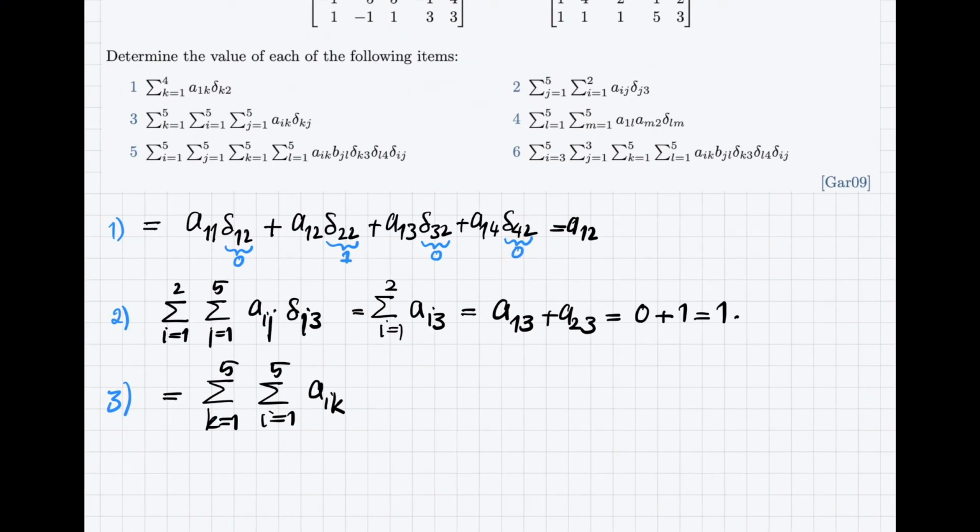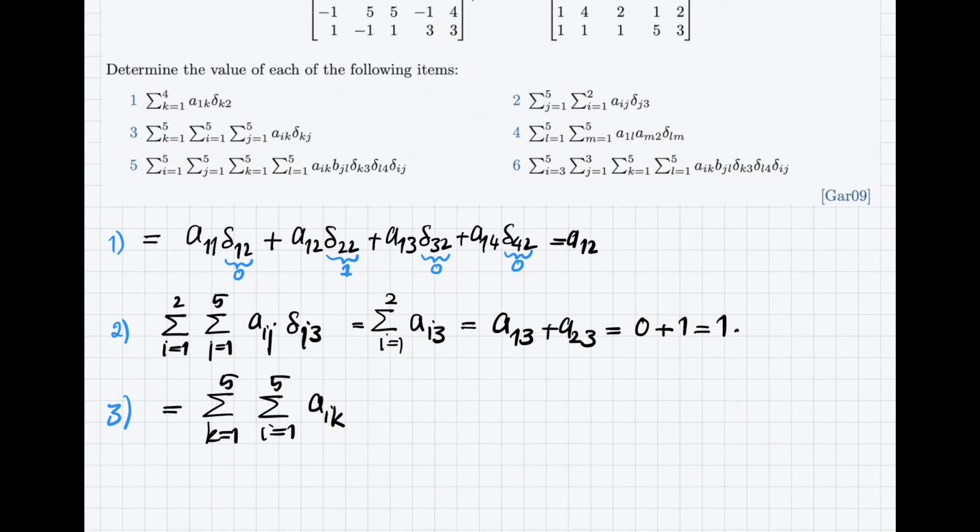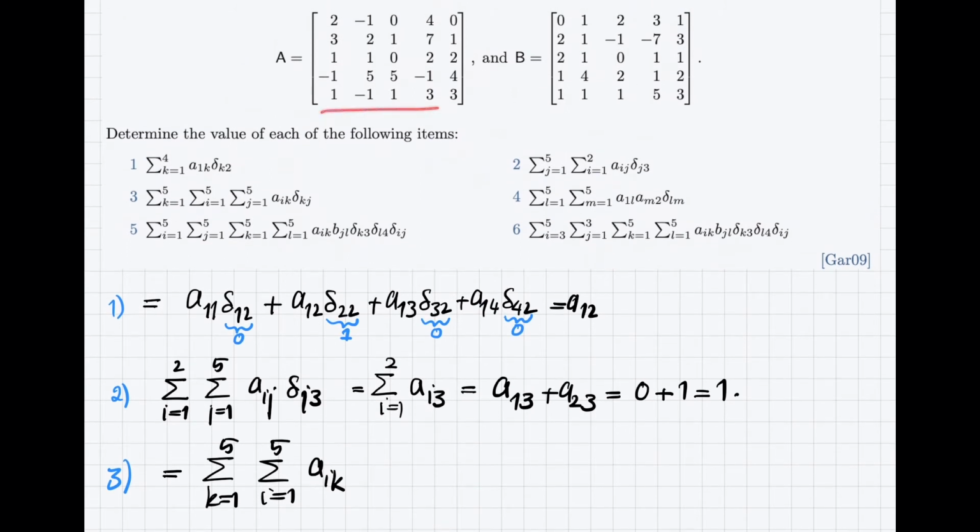But of course then you need to interpret this expression. These are the entries of matrix A where the i index, which is the row index, runs from 1 to 5, and the k index, which stands for the column index, again runs from 1 to 5. This matrix is 5 by 5.